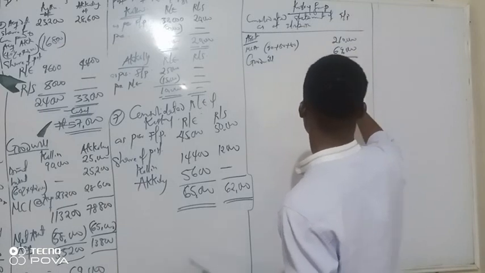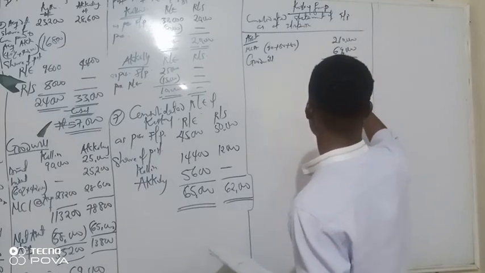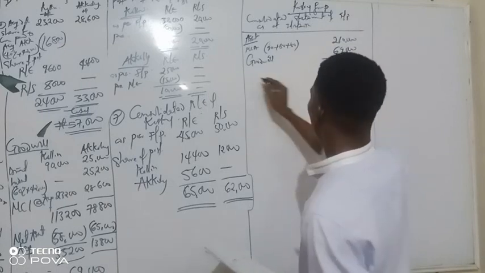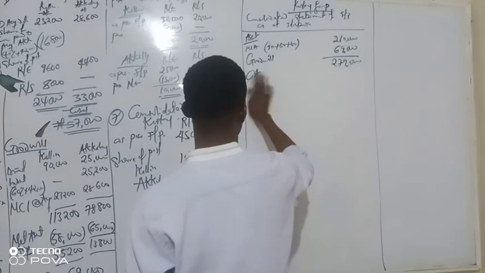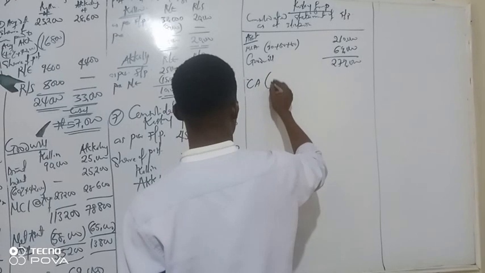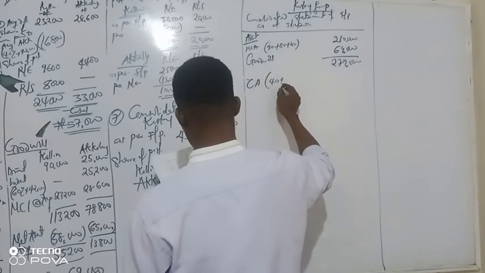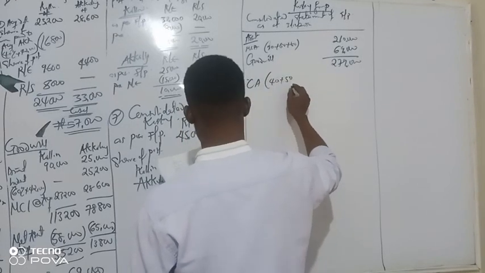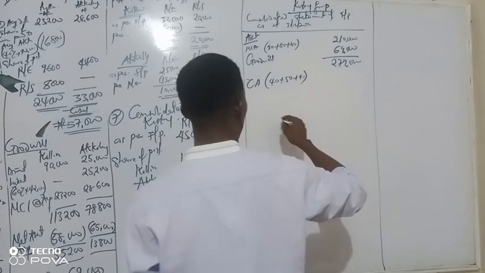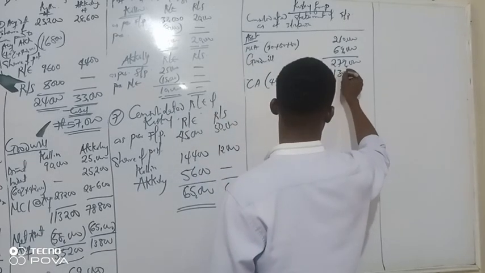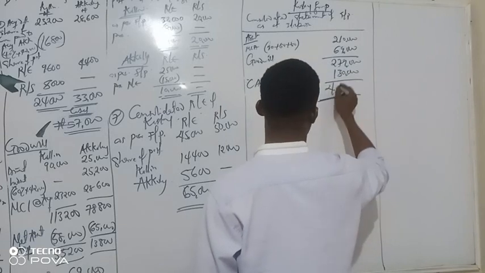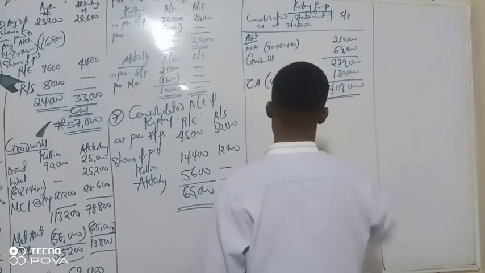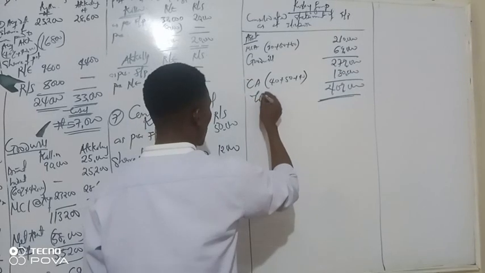Then our total will now be 279,000. Our current assets is 40 for parents, 50 for S1, and 40 for our colleague, 130,000. So in total assets together now, 409,000.